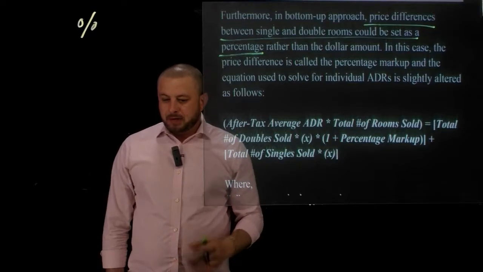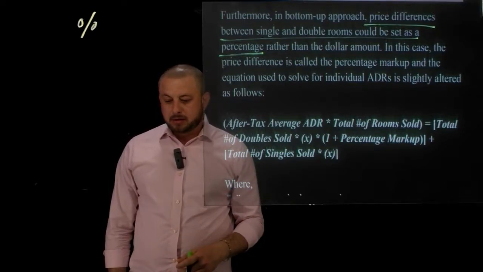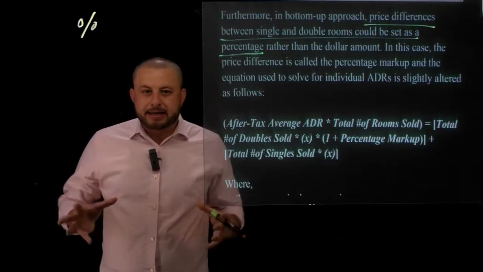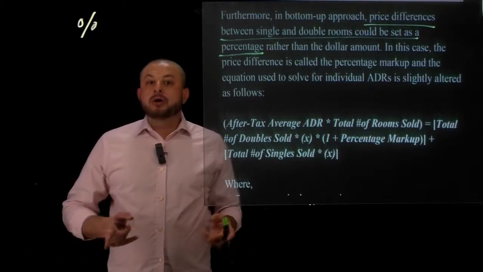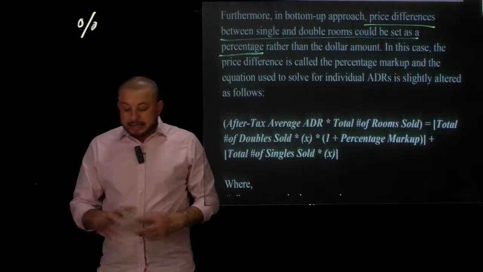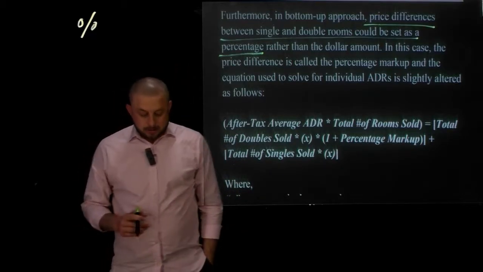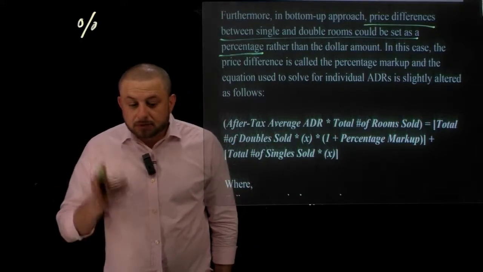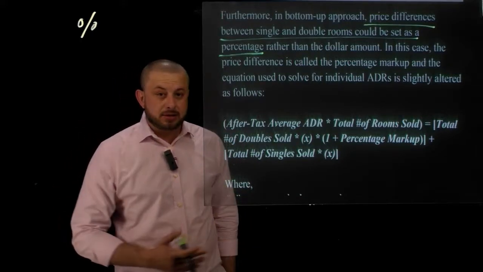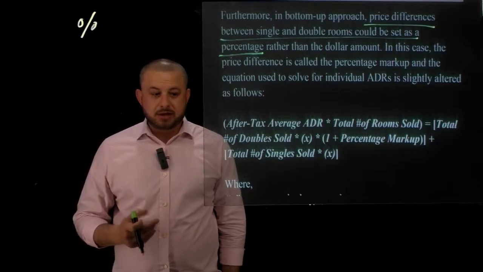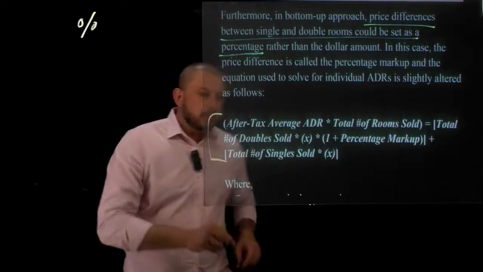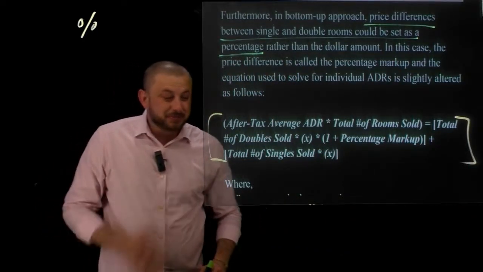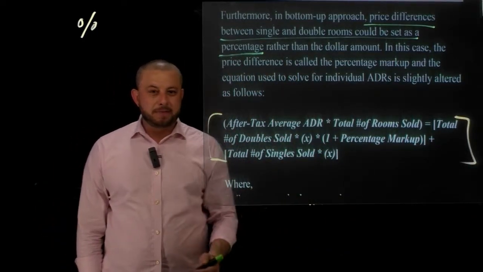Well, if you go back up to the previous example, we have x and x plus y. There is no percentage sign in the formula. So the conclusion is, if you have in any question a price difference which is based on a percentage, you will have to change the formula and you will have to utilize this formula.